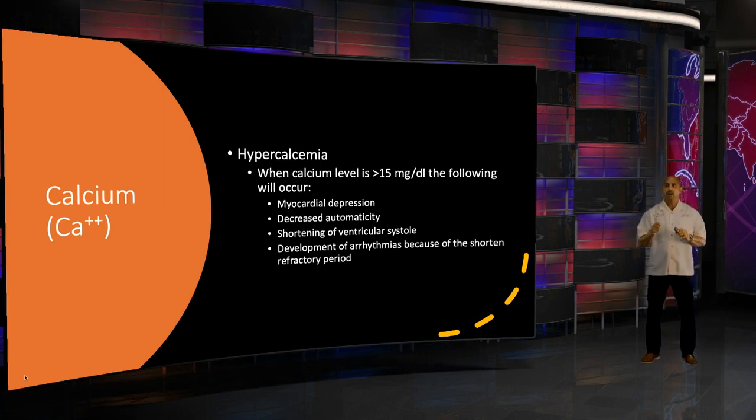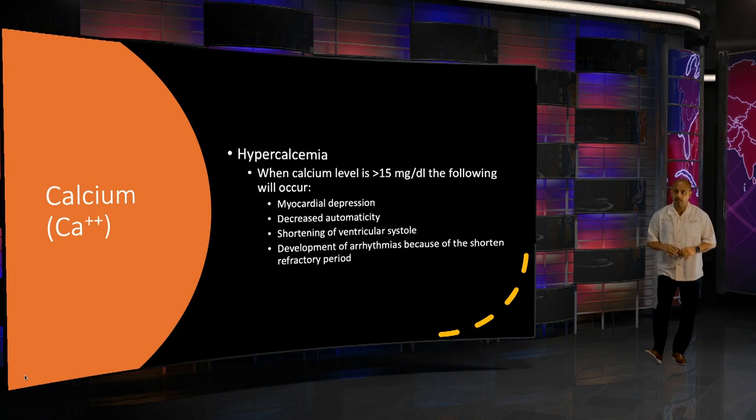We're going to start decreasing automaticity, that's the ability of sodium to cause an influx into the cells when the channel opens. The rate is going to start slowing down. Eventually, we're going to get to the point where they're in asystole with no electricity. That's no good. No bueno. So keep that in mind.